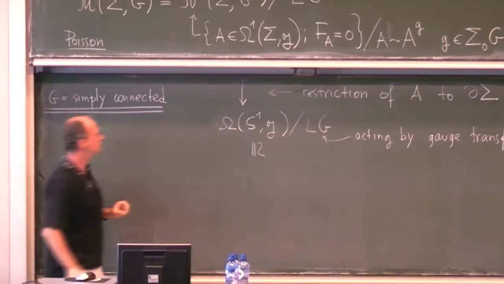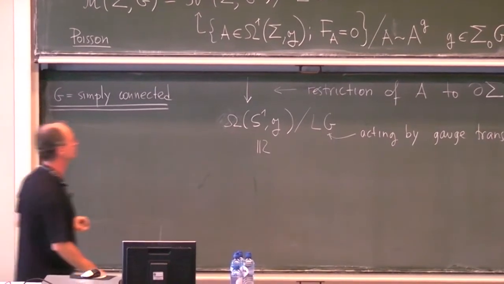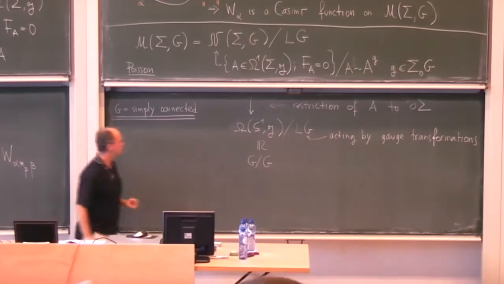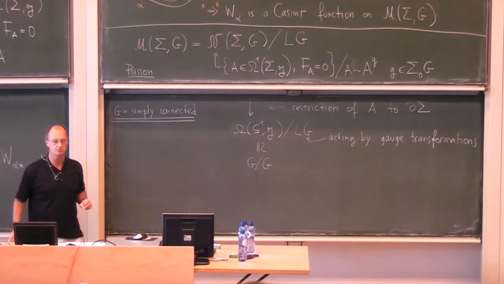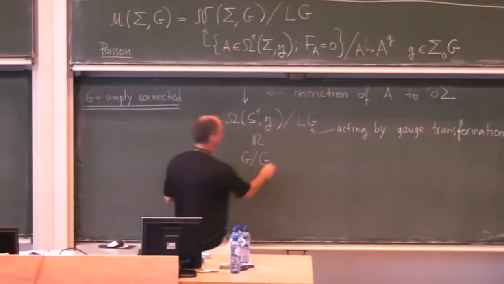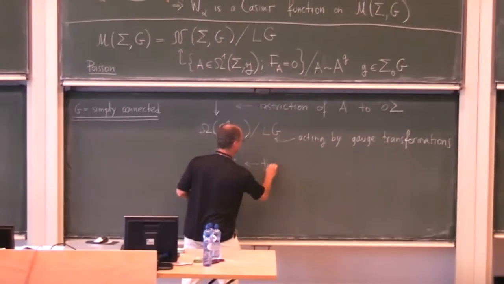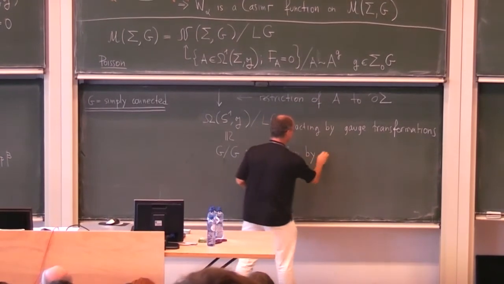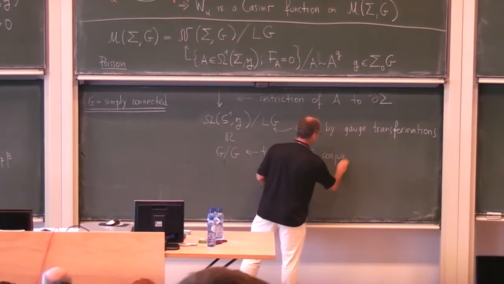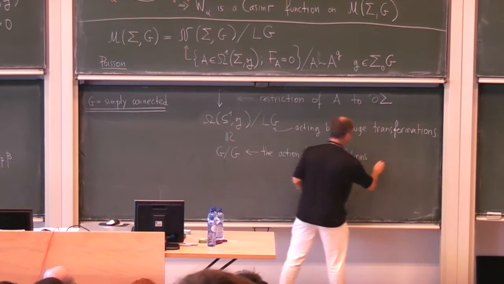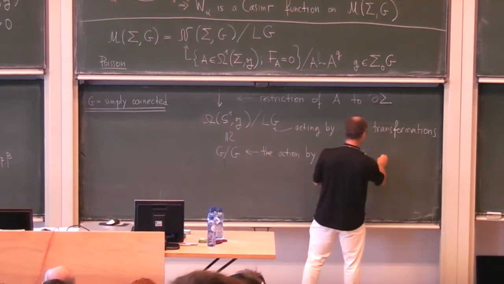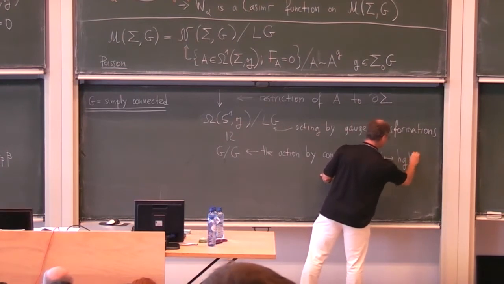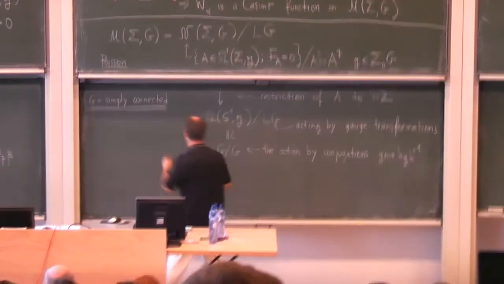So then this space turns out to be isomorphic to the quotient of G by the action by conjugations. So which means that G is mapped to HGH minus 1.